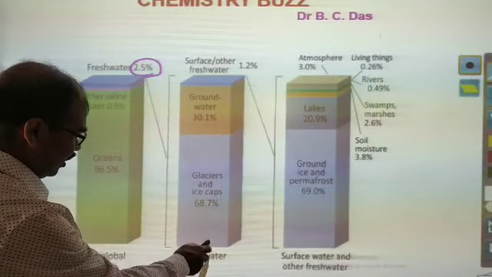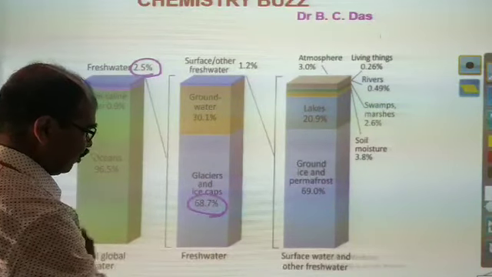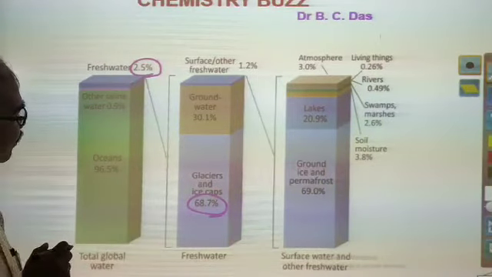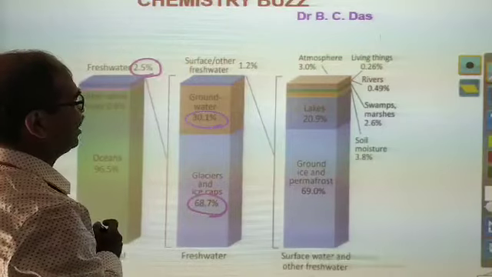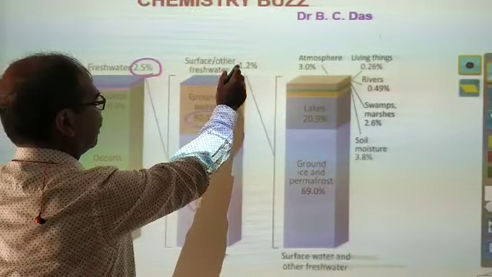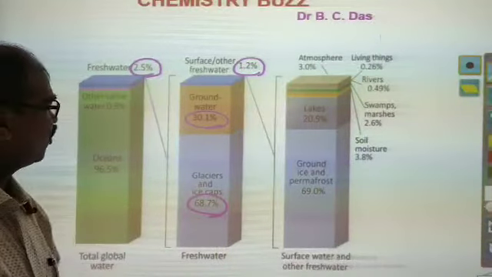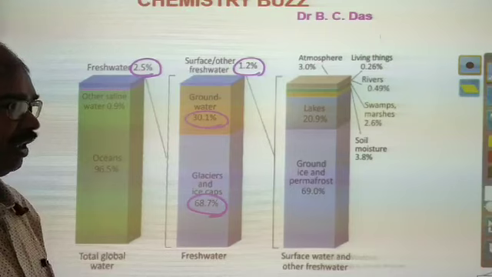The major portion of fresh water, 68.7%, occurs as glaciers and ice caps. The groundwater consists of 30.1%. Surface and other fresh water is 1.2% only.